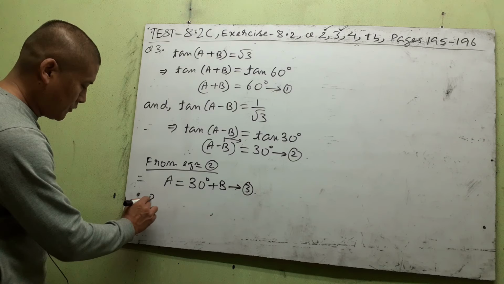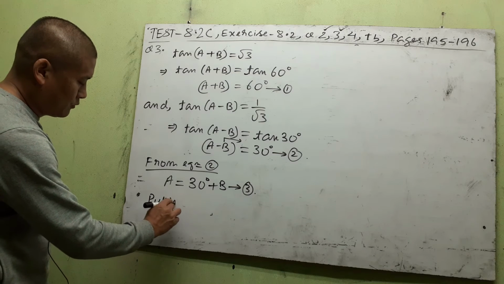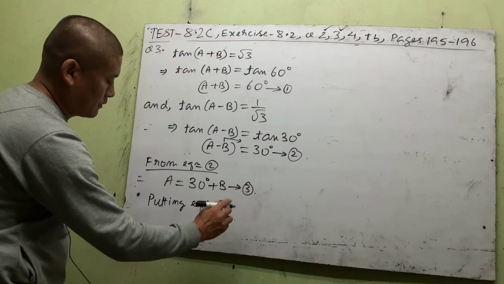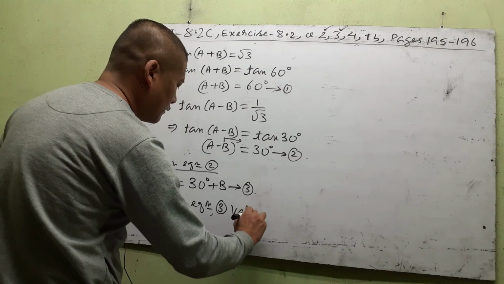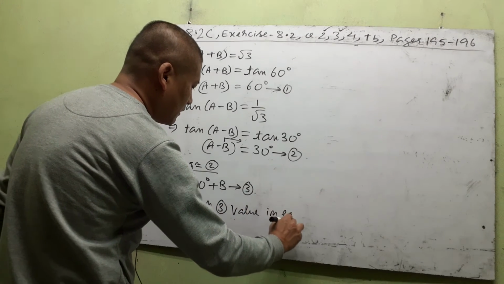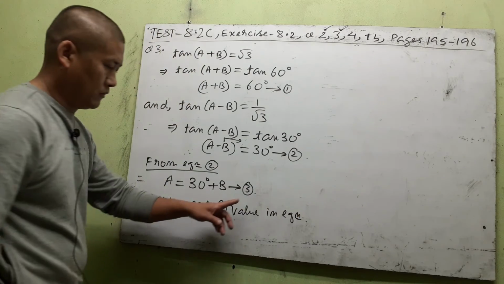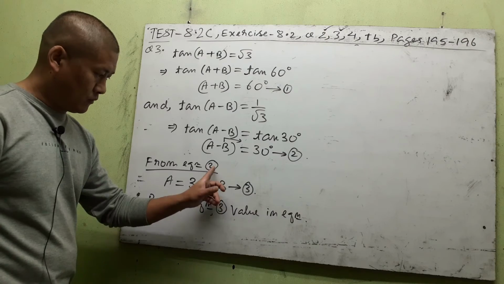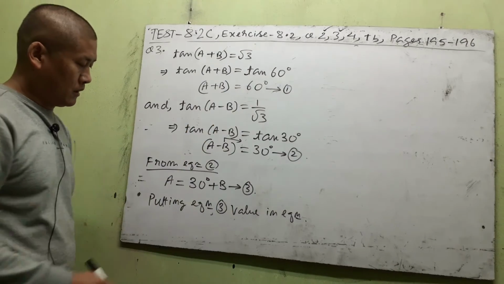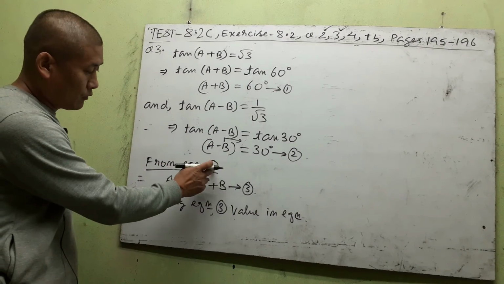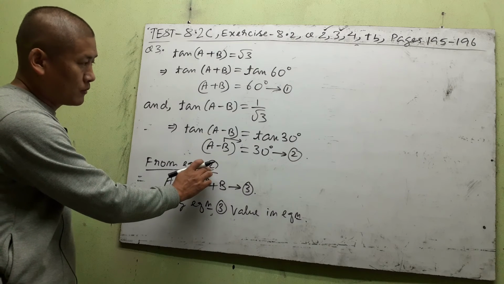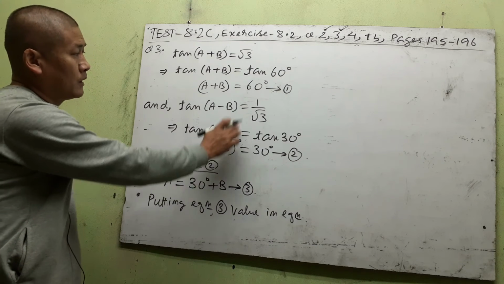Then we are doing substitution. Since you took equation 3 from 2, don't put the equation 3 value again in 2, but in the other one, equation 1. If you took it from 1 and made 3, then put this 3 in 2, but here we took from 2, so don't put it in 2 again, put it in 1.